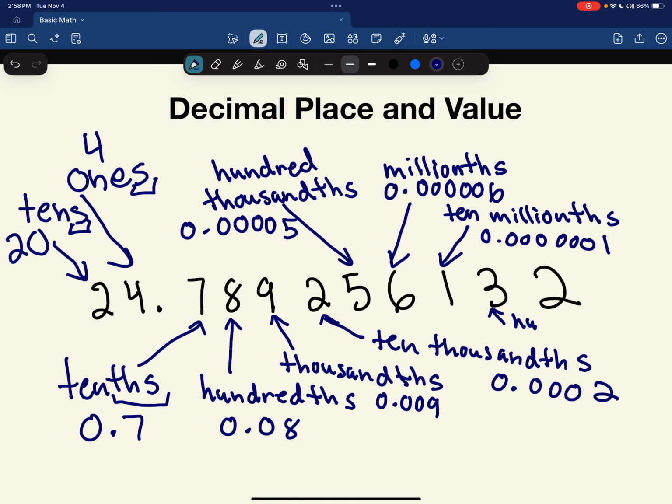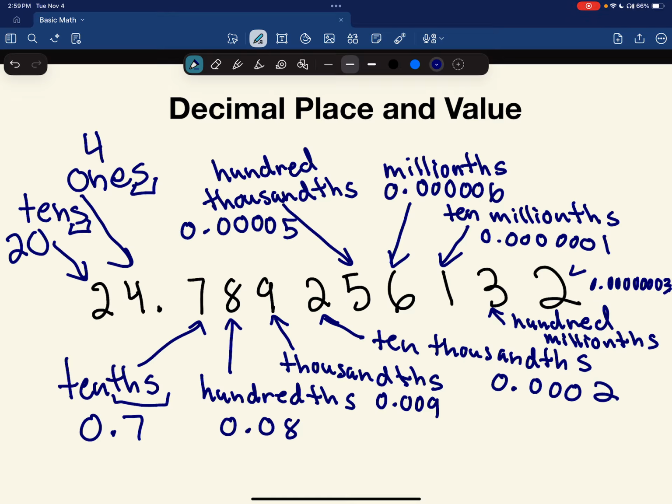This is in the 100 millionths place. And this has a value of 0.00000003. So you should have 1, 2, 3, 4, 5, 6, 7 zeros before the 3.